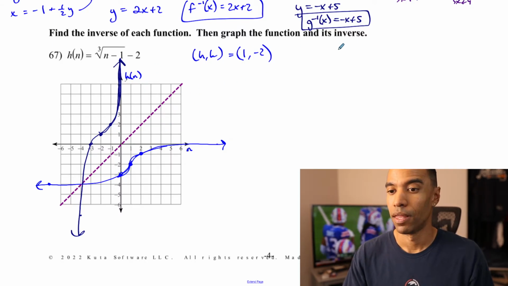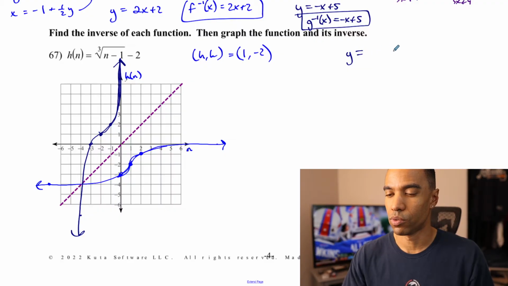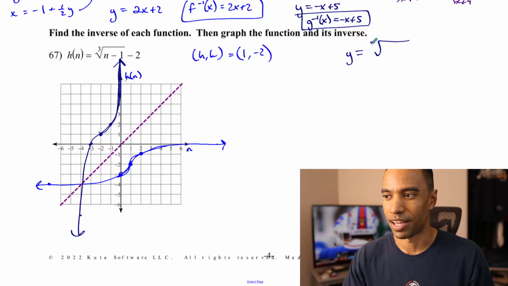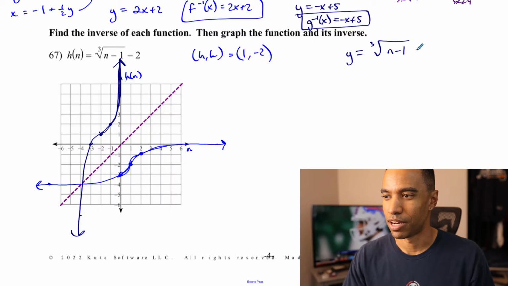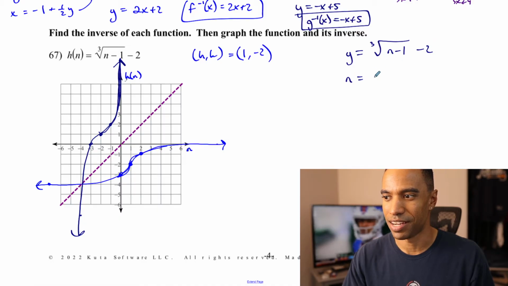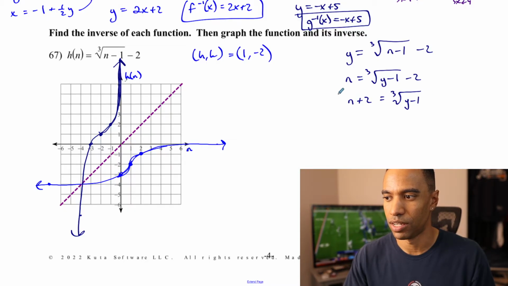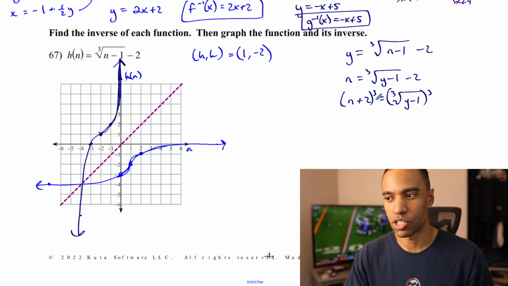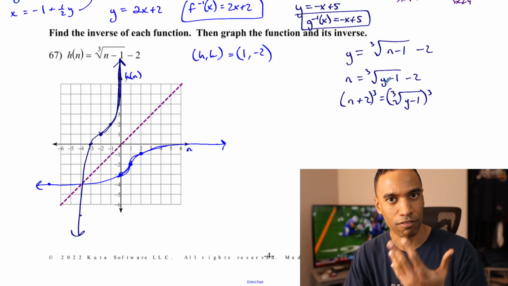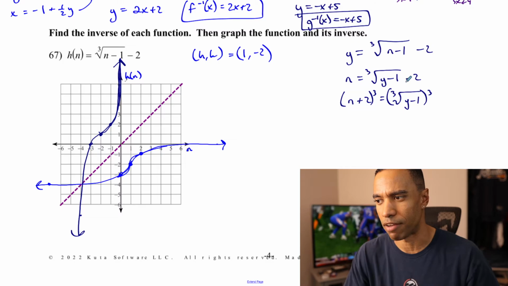Let's confirm that. Let's do y equals, I don't like that these are not x's, n minus 1 minus 2. Swap that. N equals cube root of y minus 1 minus 2. Let's solve for y here. Add 2 over. N plus 2 equals cube root of y minus 1. Let's cube both sides. Now, I'm not going to actually expand this cubic. I want to keep it in its graphing form right there.